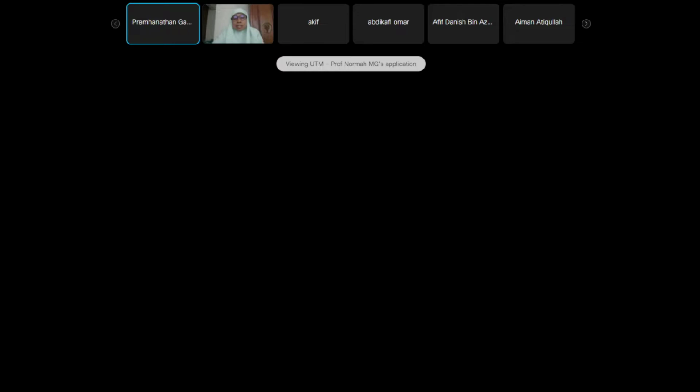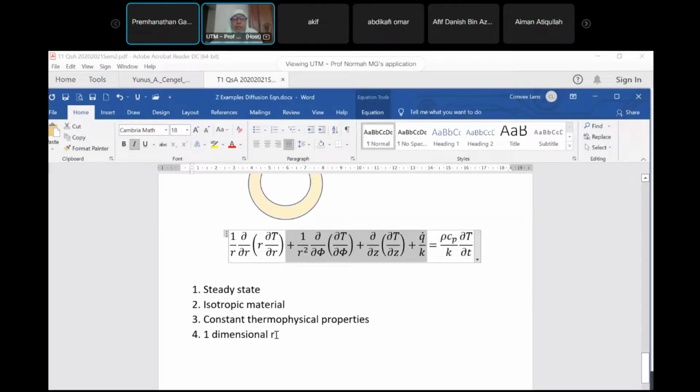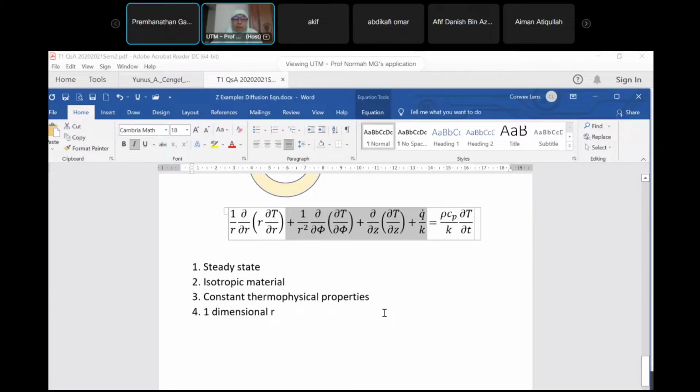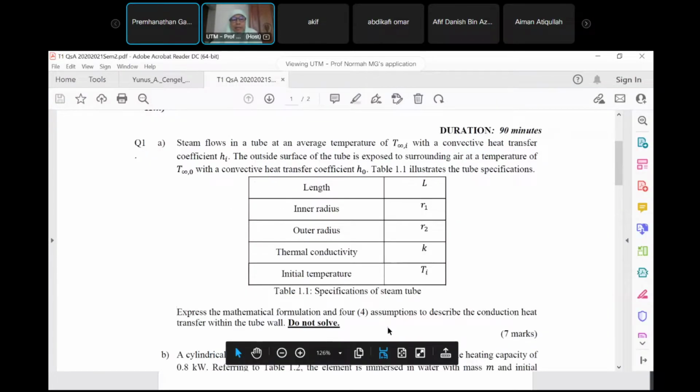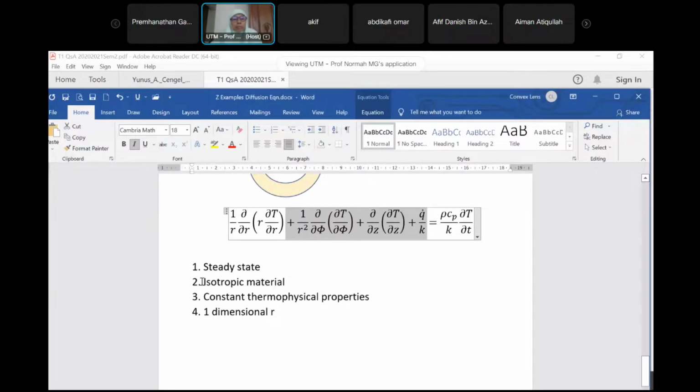Right. Yes, okay. So, no heat generation. But the question asks for just four assumptions to describe the conduction. So you can have five, because most lecturers don't consider isotropic material, since it's already isotropic.